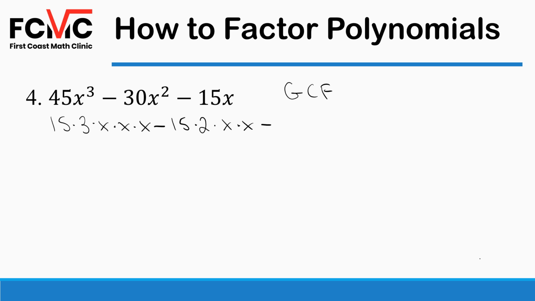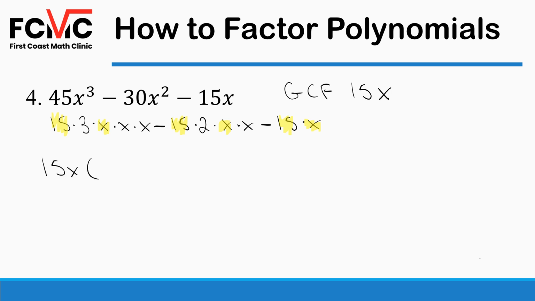And then we have just 15x here, so we notice we've got 15 and 15 already. So our GCF, we've got 15, 15, and 15. And then our variables, we've got x, x, and x. So looks like our GCF is going to be 15x.